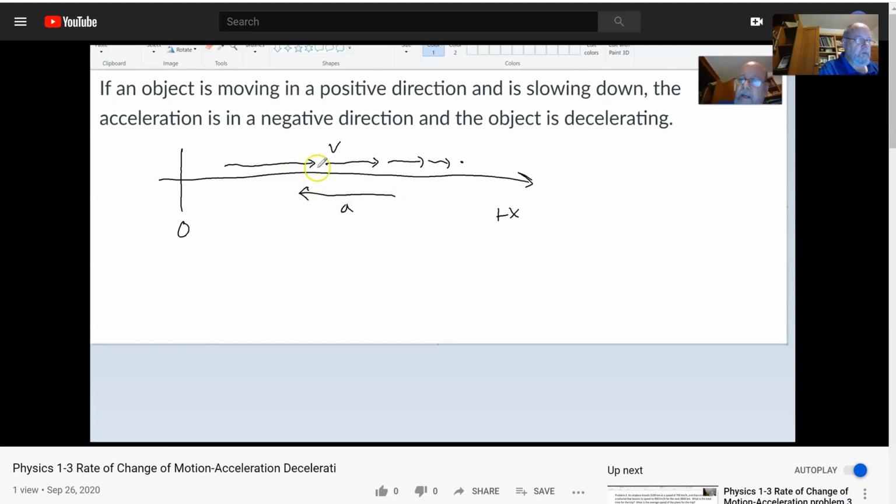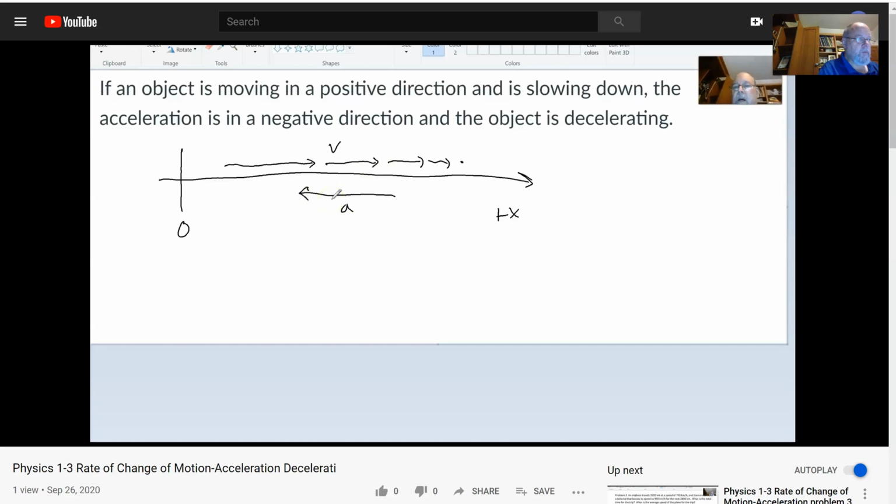Even though the velocity arrows are pointing in the positive direction, they're getting larger in the negative direction. So that's the direction I should draw my acceleration arrow. My acceleration will therefore be negative. So if you always draw out your velocity arrows to show what's happening, then you can immediately draw an acceleration arrow to know what direction the acceleration is.